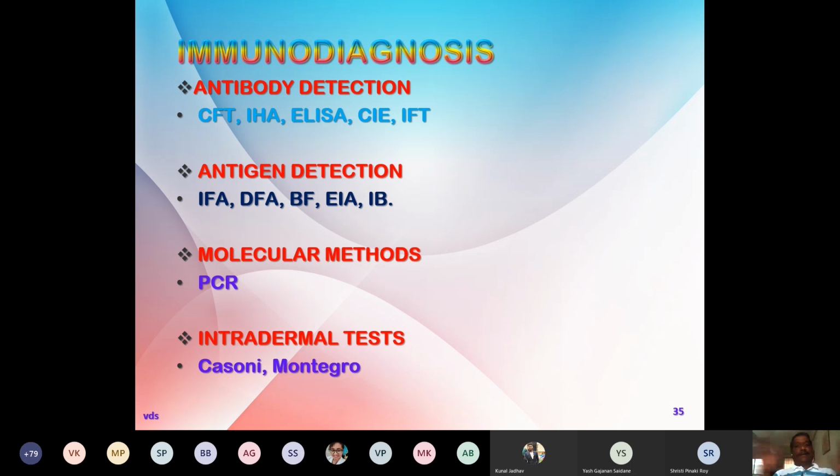Then, lastly, the immunodiagnosis, detection of antibodies. We are not going to go into the details of each of these because we have already studied the principle of all these techniques in serological reactions. Now, these tests for the detection of antibodies are used wherever necessary according to the type of suspected infection.